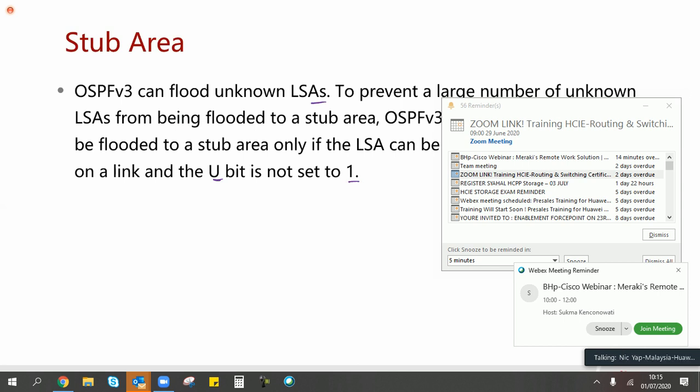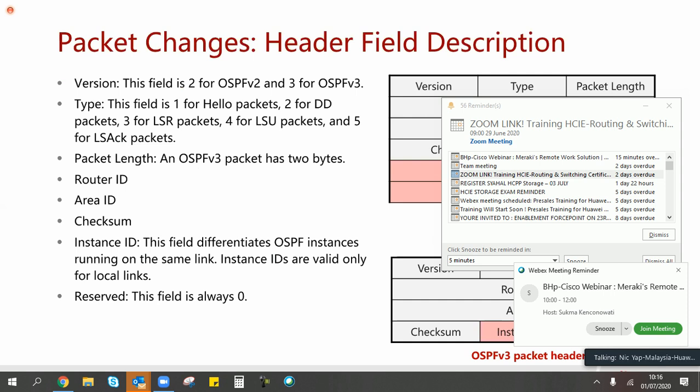They have something different compared to the stub that we learned on IPv4. So for the packet changes, first we look into the header field of OSPFv3.